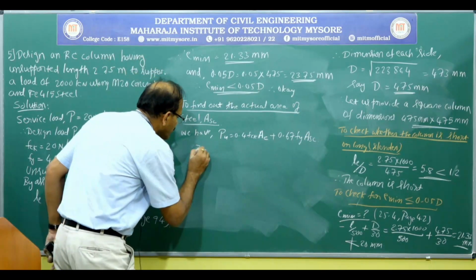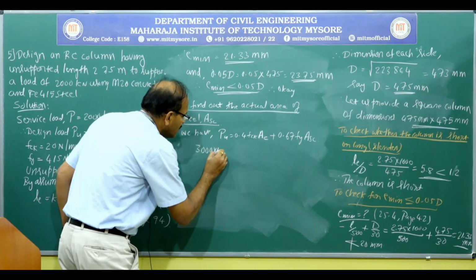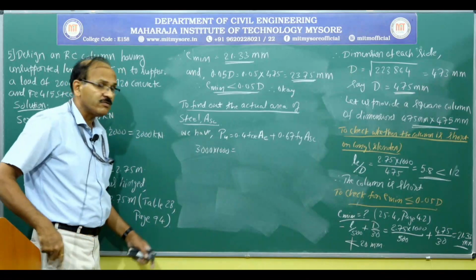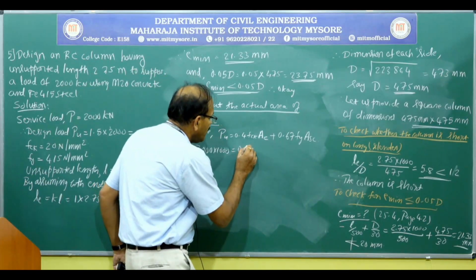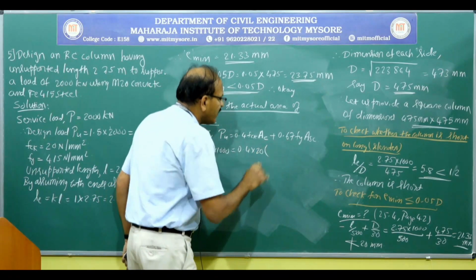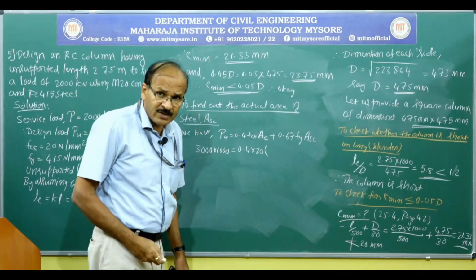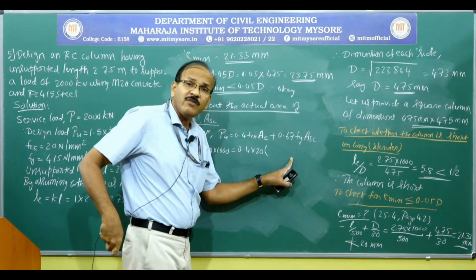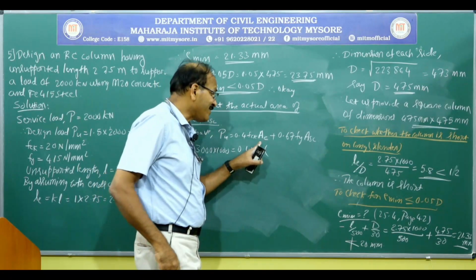So for PU I am going to substitute 3000 followed by 3 zeros because I am converting the values into Newton. 0.4 into 20, as far as area of concrete is concerned, that is AG minus the area of compression steel. So what is the AG value?